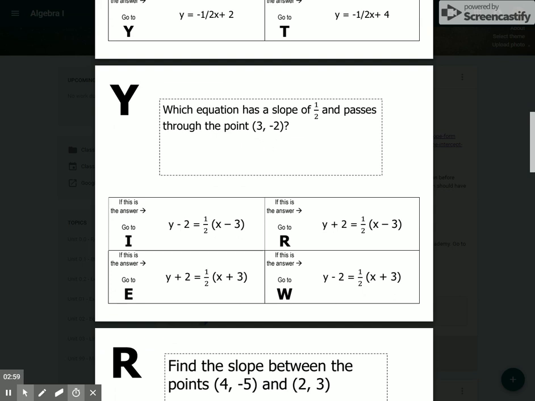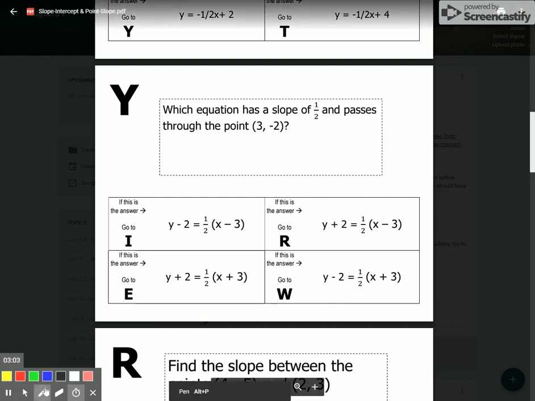Next, we've got a slope and a point. So that's going to be what we talked about on Wednesday, our point slope form.